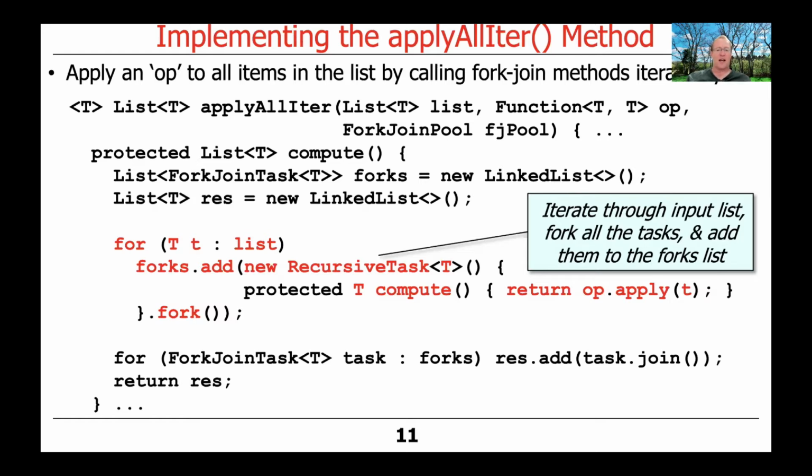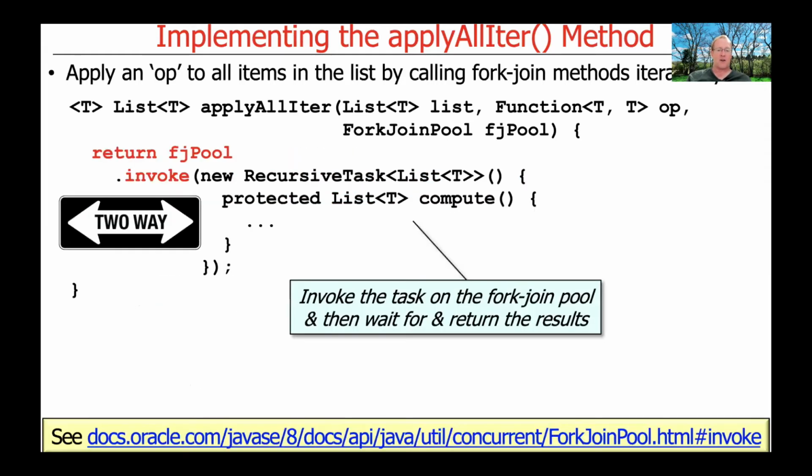When we fork, if you recall what fork does, that arranges to execute this recursive task in the common fork join pool. I'm sorry, in the fork join pool that's part of this particular context, which is the context of the outermost fork join task. So you can see here, we have the new recursive task. That's the context in which this is going to run.